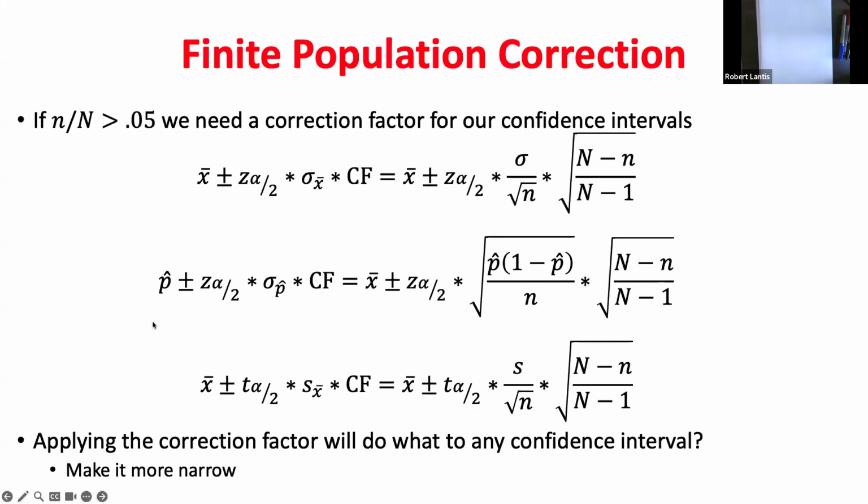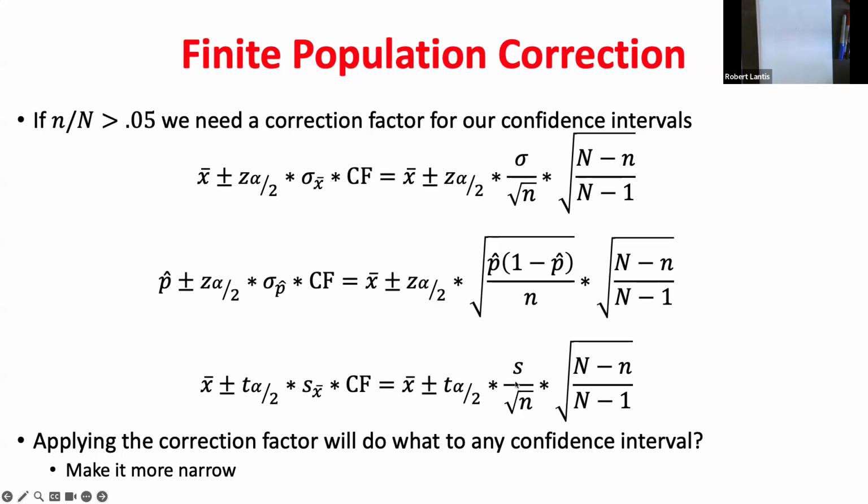If we ever have that the sample size over the size of our population is greater than 0.05, that was where we said if we have a large proportion of the population in our sample, we might have to use this correction factor. This correction factor updates what our standard deviation is of our sample mean or our sample proportion, but the equations will look exactly the same as what we've worked through.